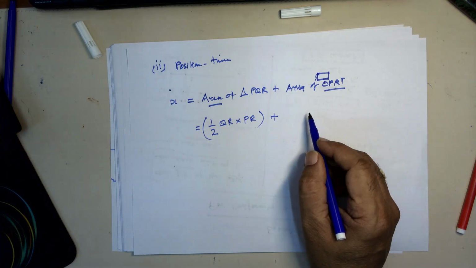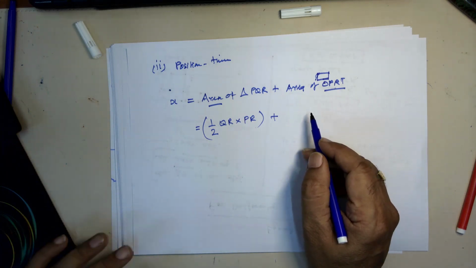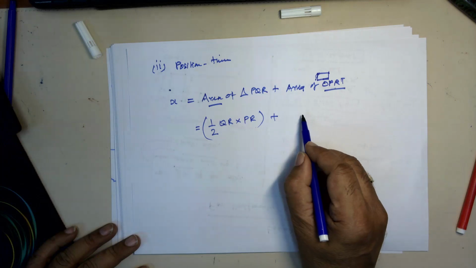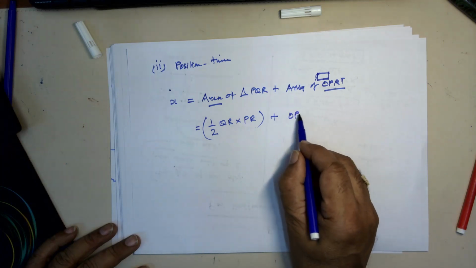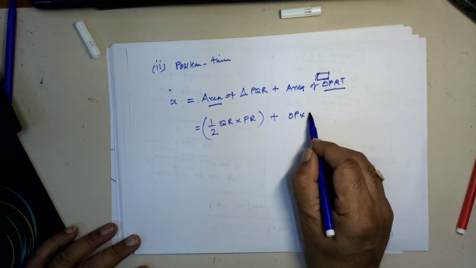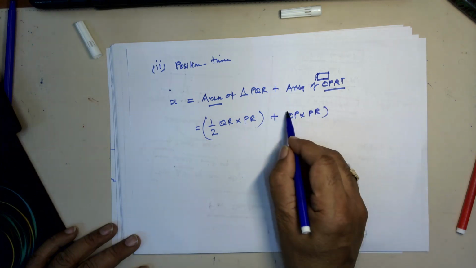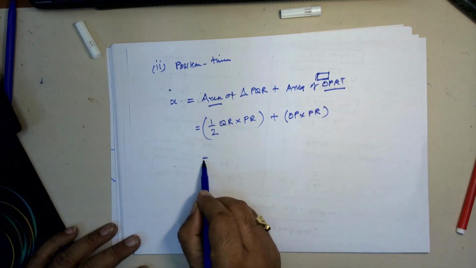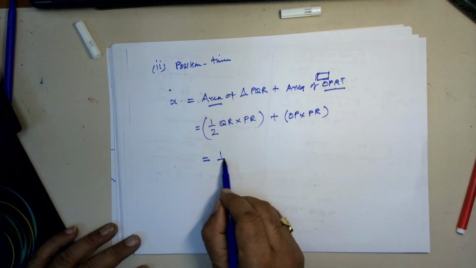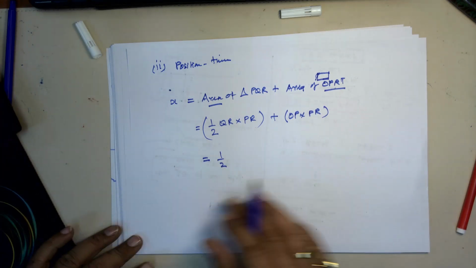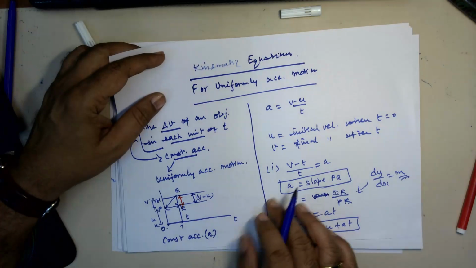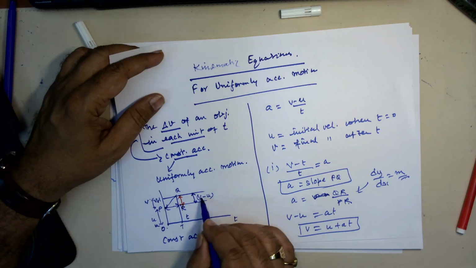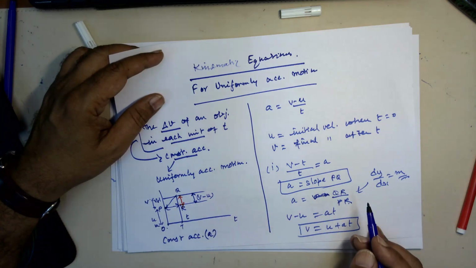Length into breadth, which is OP into PR, right? Now, half into, what is this QR here? QR is nothing but V minus U. Got it?